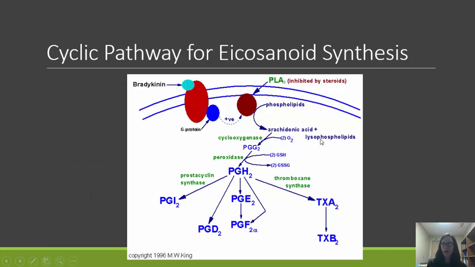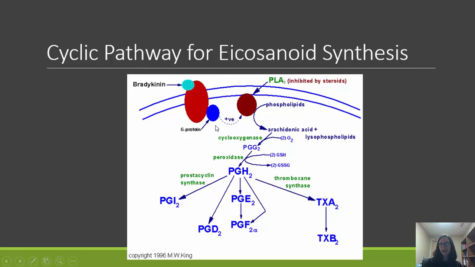And here's just a pathway. You don't need to know this in a lot of detail, but basically this graphic shows the synthesis of clinically relevant prostaglandins and thromboxanes from arachidonic acid. So we would have a hormonal stimulus here, such as epinephrine or bradykinin, which is shown here.